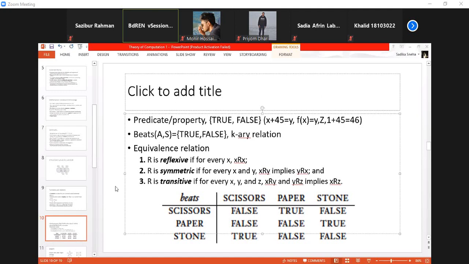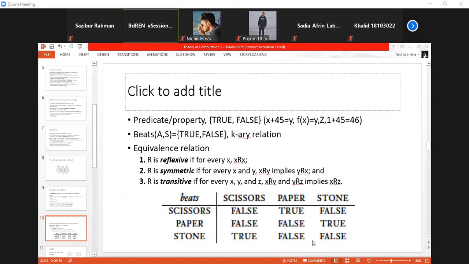So there are many other relations involved, many other relationships of this predicate thing. These are some special kinds of relations, known as equivalence relations. What is an equivalence relation?